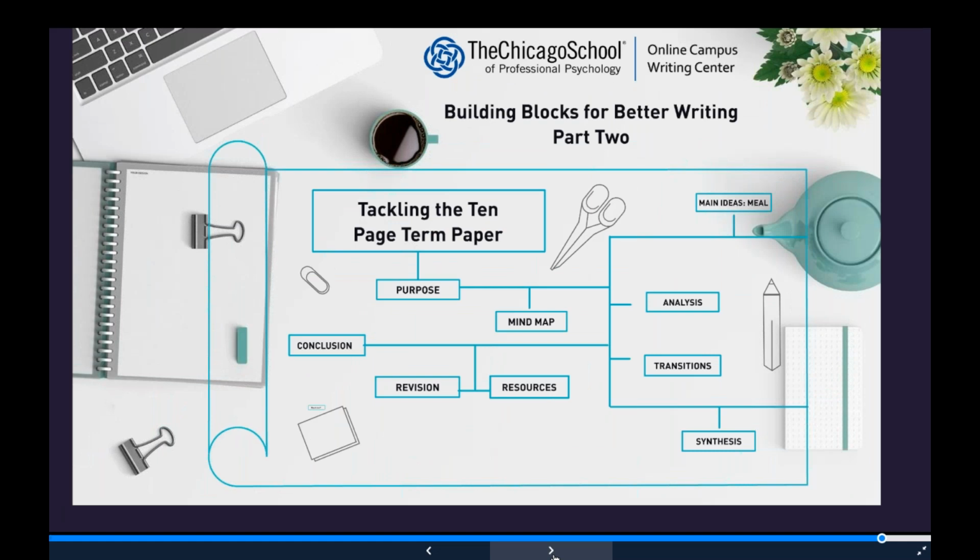This is a lot of information, but writing a paper is a lot of work. So looking at these steps, while it may seem like this is a lot of work in order to write the paper, this is actually a lot less work than going back through and having to revise something multiple times because one of these pieces was missing.